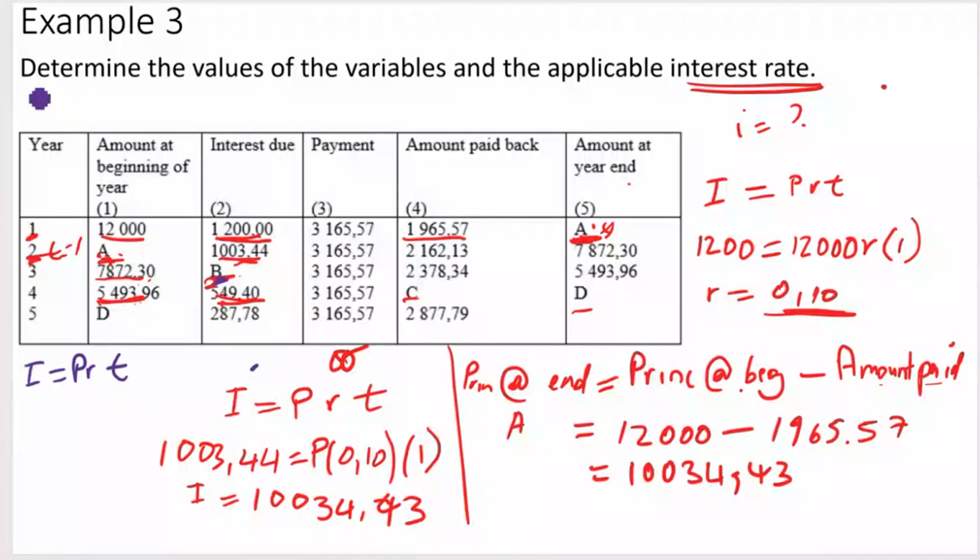The interest here, you don't know your B, which is equal to your principal during this period, 78,72,30 multiplied by your R. Your R is 0.10.